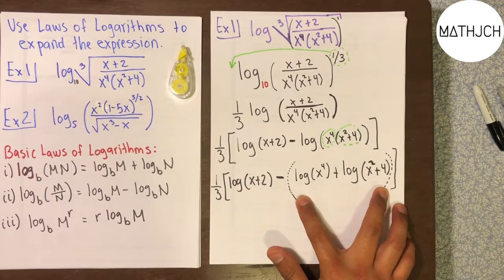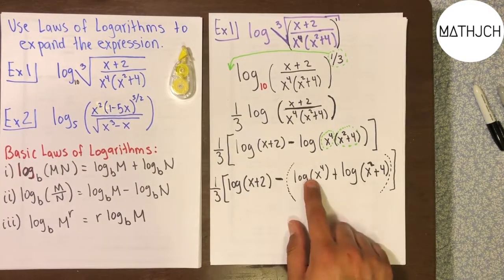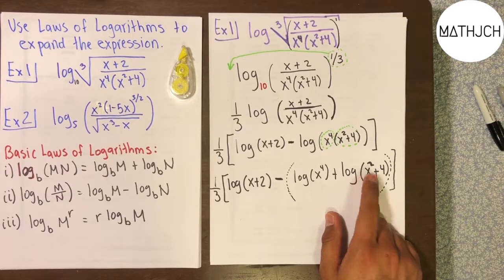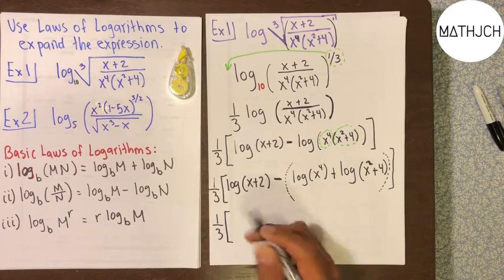Now, the next step is to distribute this negative onto this term and this term. So let's do that. We have 1/3 outside of everything else.